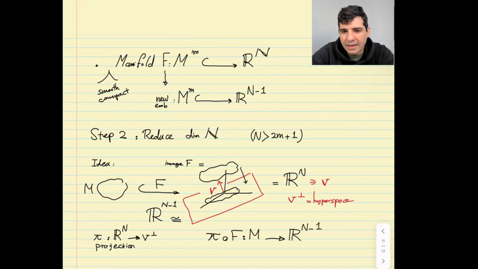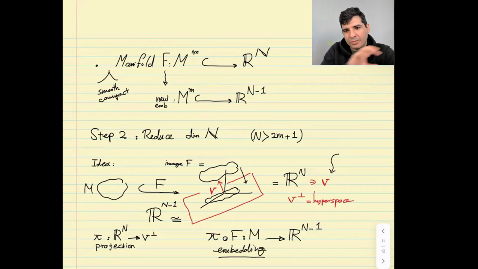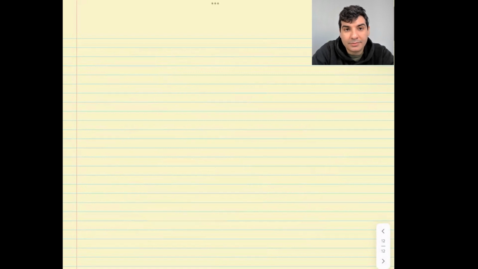So the claim is that if f is an embedding, for almost any choice of v, as long as n is larger than 2m plus 1, this composition is still an embedding. So this way, we bring the dimension n down by 1. We combine the embedding we had with projection, we get a new embedding. So that's what we want to prove.